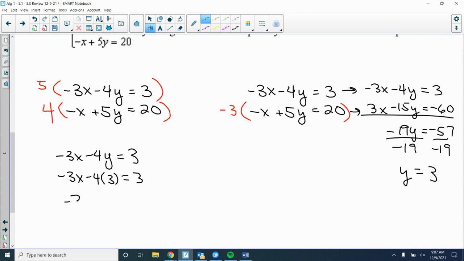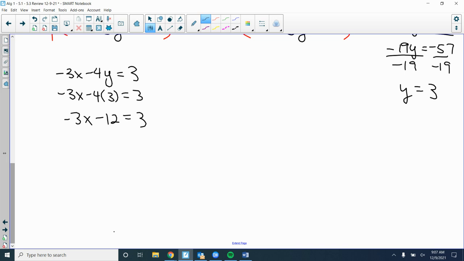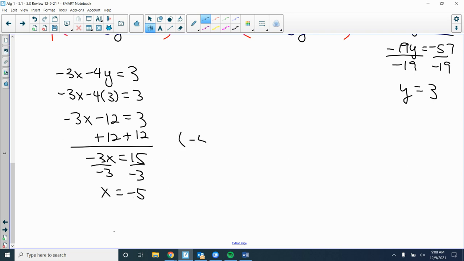And I get negative 3x minus 12 equals 3. Add 12. And I get negative 3x equals 15. Divide by negative 3. Looks like I get negative 5. So negative 5, 3.